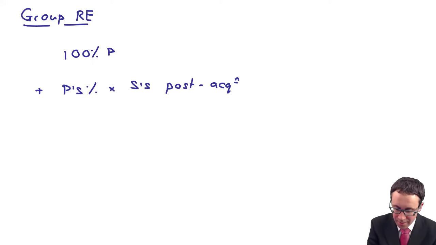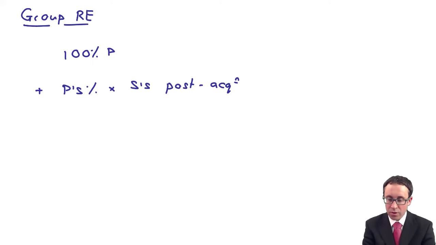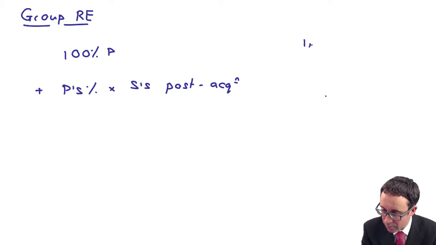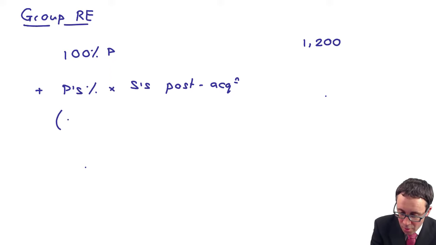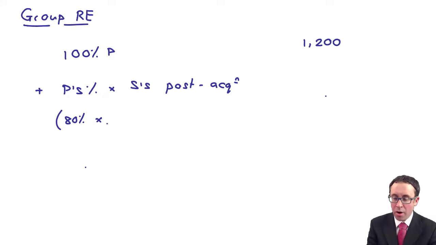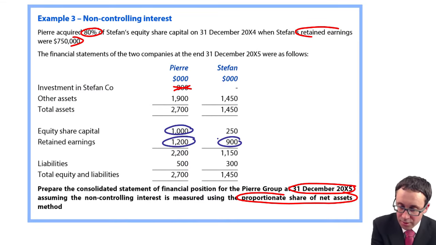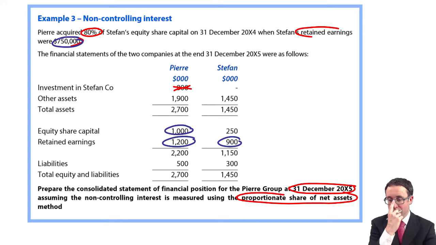So what have we got? Let's get the easy marks first with 100% of the parent. So is that 1,200? And here we own 80% of S. The post-acquisition retained earnings, well, at the reporting date, that figure was 900. And at acquisition on December X4, it was 750.